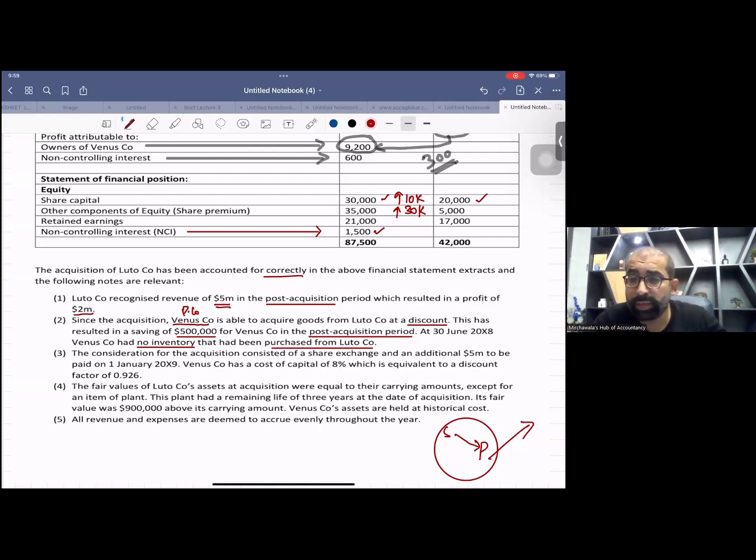Read it and think over it. Don't sleep. Think over it, please. There is no URP. There is no unrealized profit. Venus had no inventory left in the end. Parent company has no inventory left here. So that means everything is sold to the third party. So all the profit has been realized.